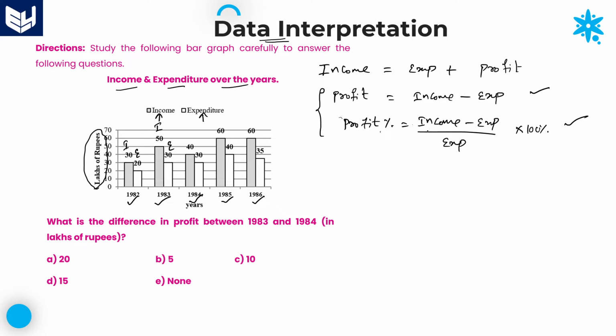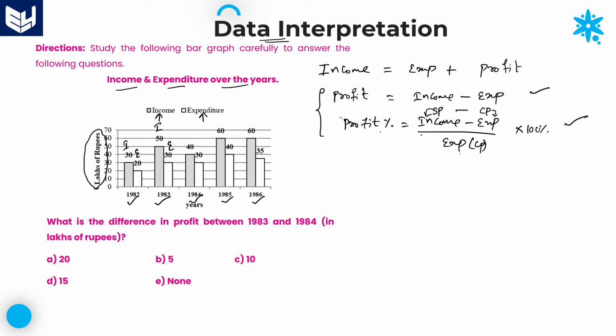It is just like this: income acts as selling price, expenditure acts as cost price. In profit and loss, we know that profit percentage is equal to SP minus CP divided by CP into 100. Here also, SP is nothing but income and cost price is nothing but expenditure. So whenever you are calculating profit percentage, you should always consider the base as expenditure.